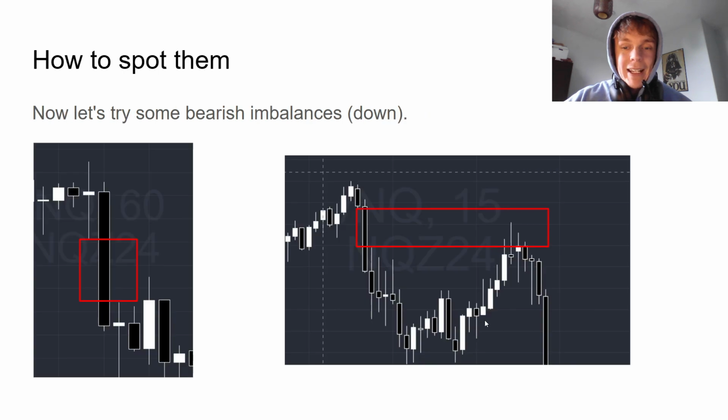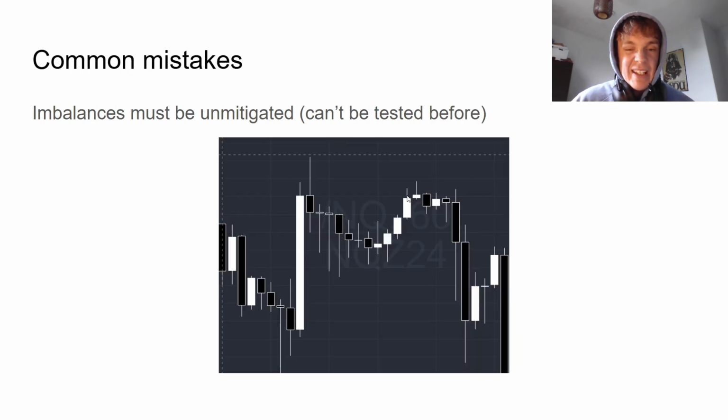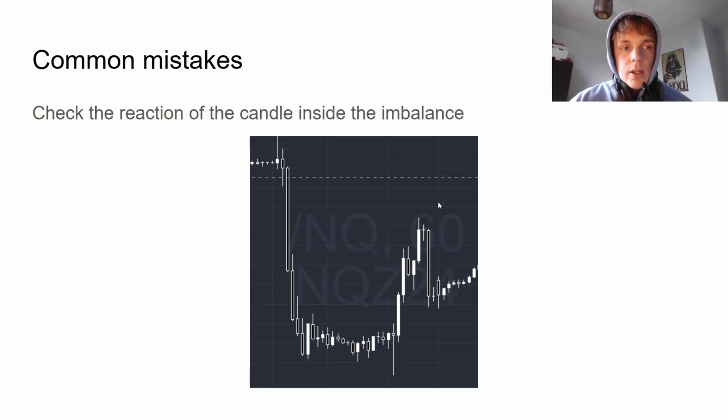Yes, I know with this example there's 1, 2, 3, but then we see a very strong reaction off it quite quickly. This one we just see nothing. So you want to make sure that if the imbalancement is getting tested and there's not a strong reaction off of it, then it's not a very good imbalancement.